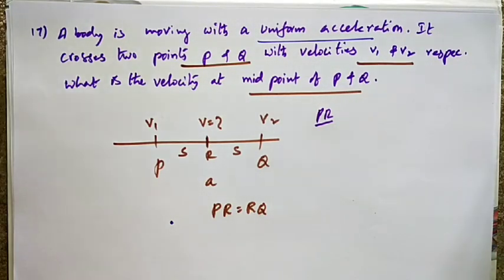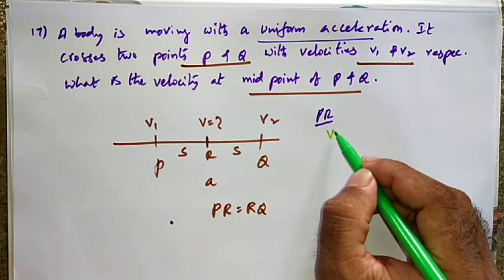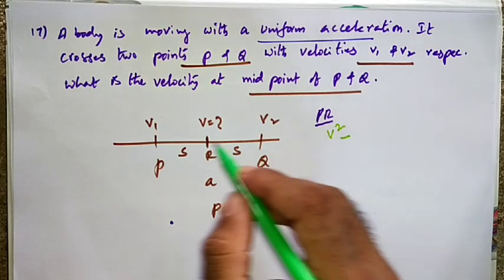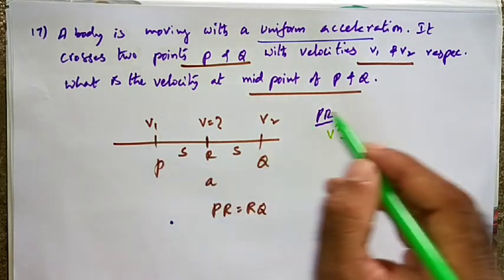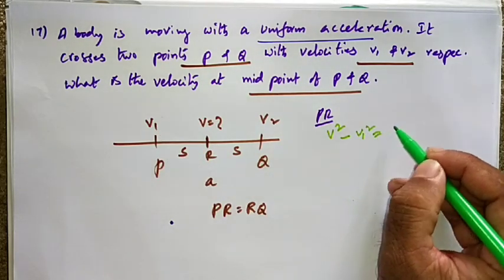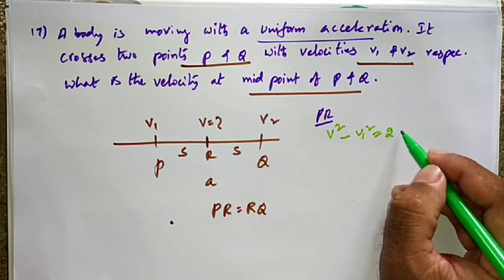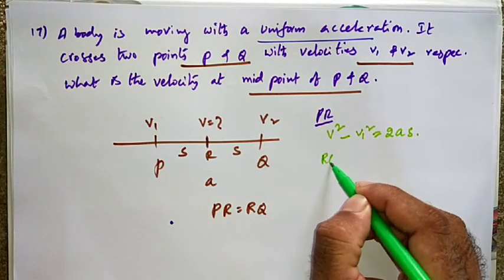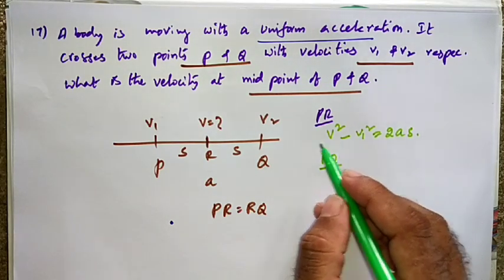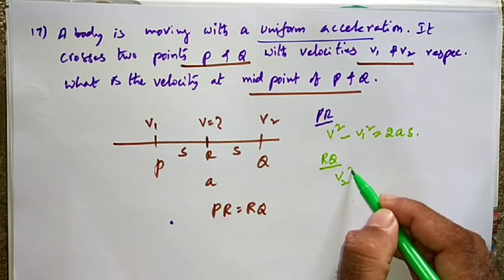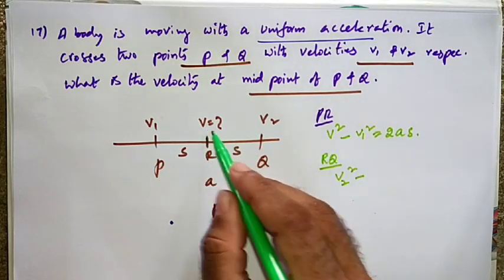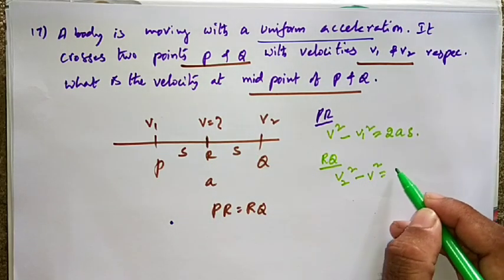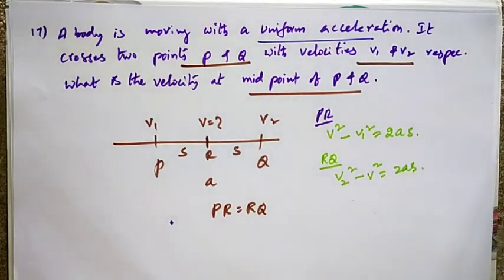Here u, the initial velocity, is v1, so v square minus v1 square is equal to 2as. Next for the RQ part, v2 square minus v square is equal to 2as.